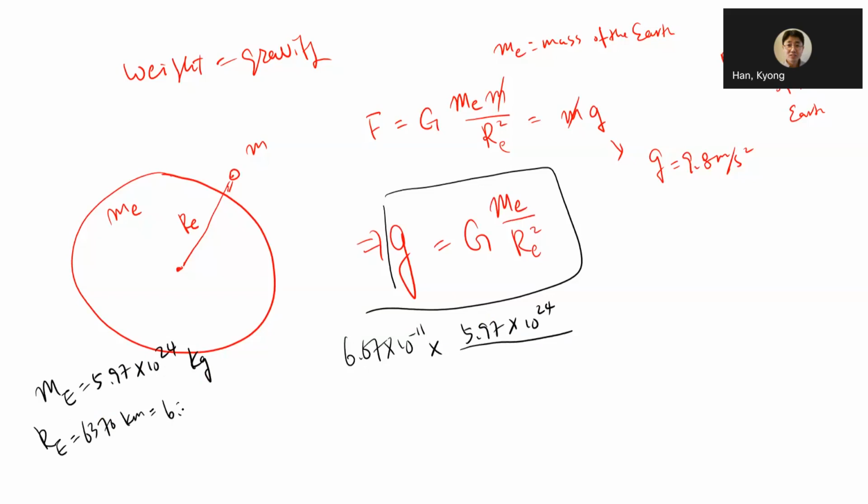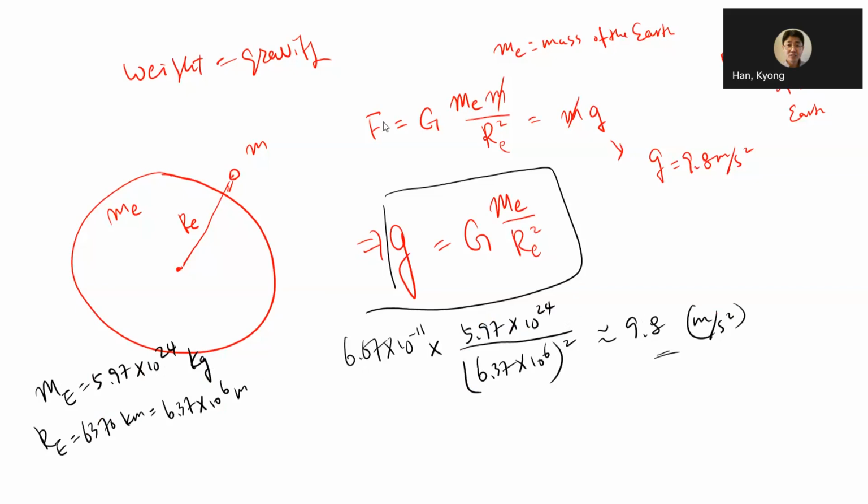That will be 6.37 times 10 to the 6 power meter. Once you calculate this, it will be approximately 9.8 meter per second squared. So you can check this statement by yourself, using your calculator.